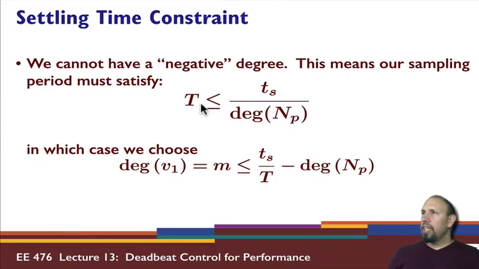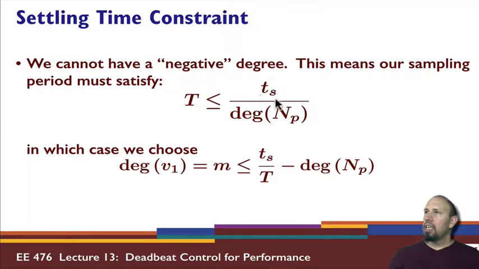So we need to have this condition. The sampling period must be less than or equal to the desired settling time divided by the degree of NP. So this is a requirement if we're going to meet this settling time.